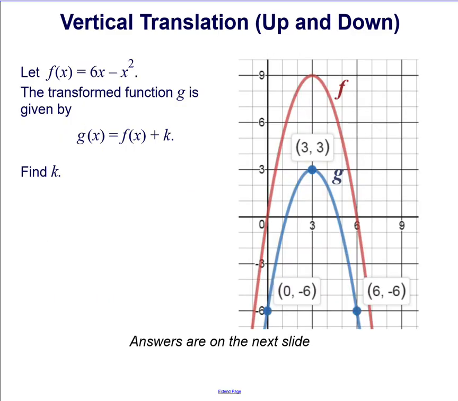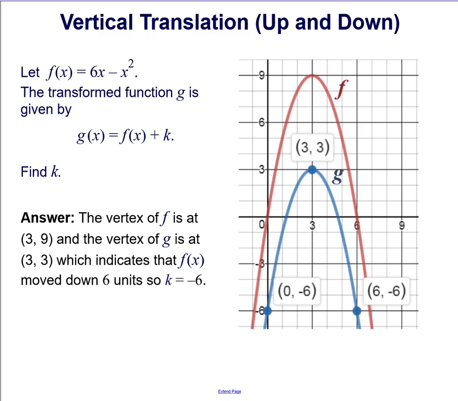Continuing with our various examples of vertical translations, specifically up and down, let's consider f of x is equal to 6x minus x squared. This is the graph of f of x right here. The transformed function g is given by f of x plus k. We want to find the value of k. Well, the answer is that the vertex of f is at 3, 9.